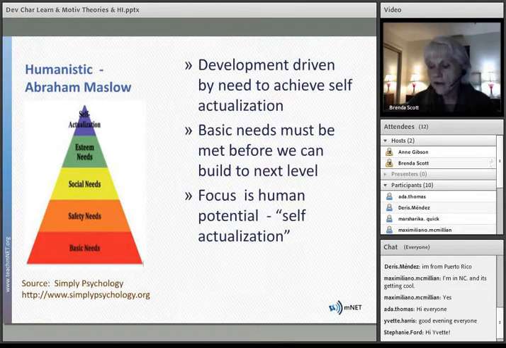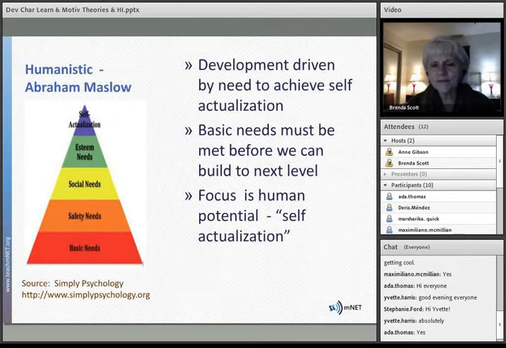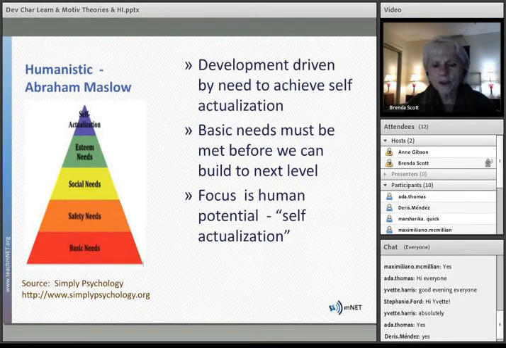Think about that in terms of your students. Do you have any students that come to school hungry or that come to school without sleep? Anybody work with students who are really, really deprived? You wonder, are they learning? Can they focus on learning?